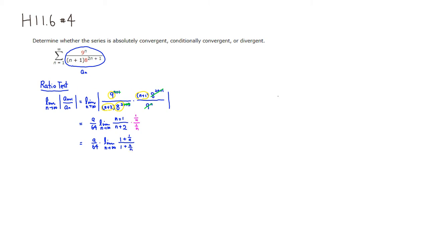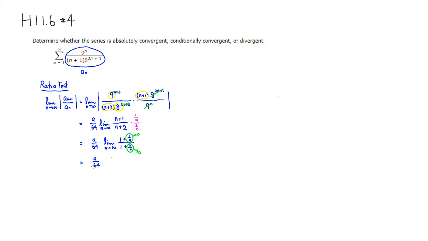We know that 1 over n approaches 0 as n approaches infinity, and the same with 2 over n. So this limit is simply 1 over 1, which is 1, and this comes out to be simply 9 over 64.